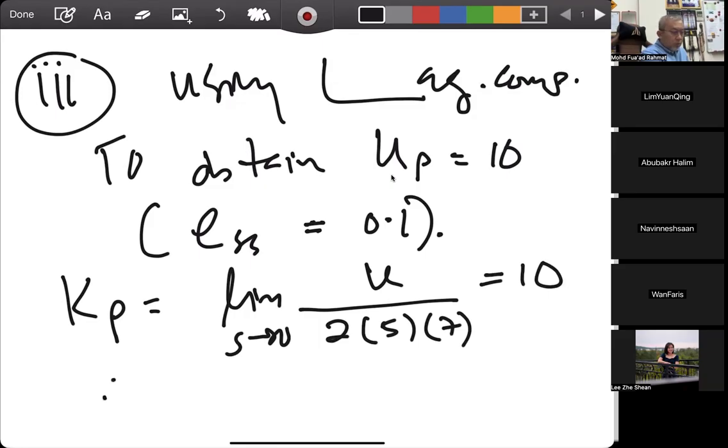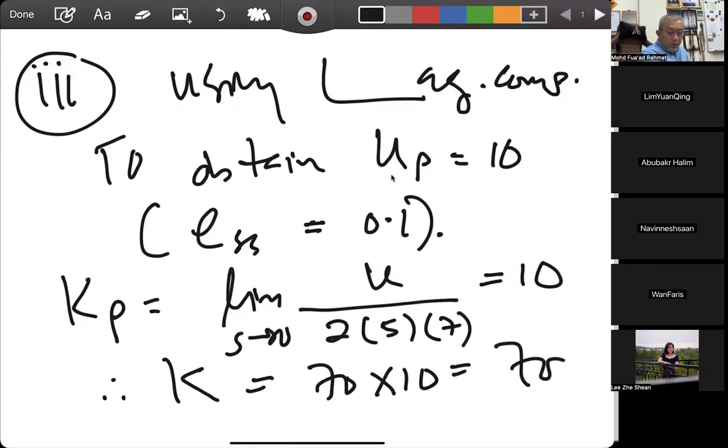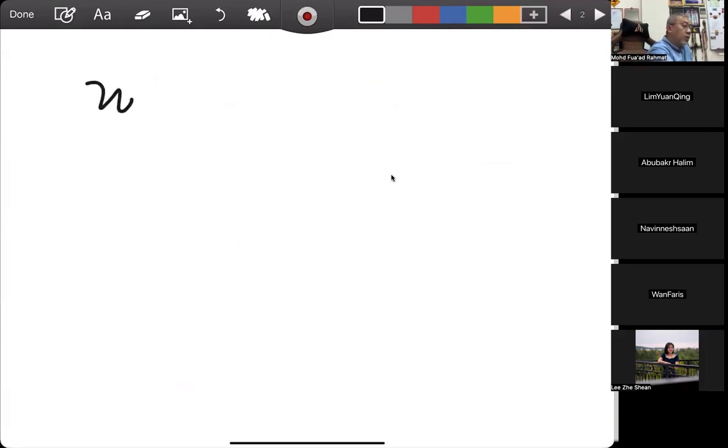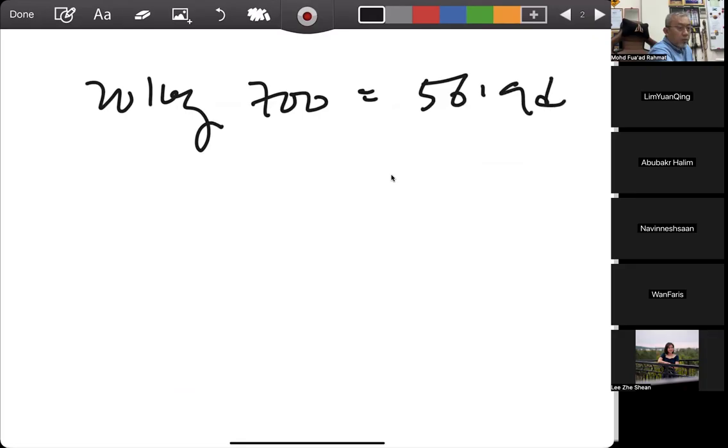So from there, we obtain the gain K, 70 multiplied by 10, which is 700. Okay. 20 log 700 is equal to 56.9 decibel.